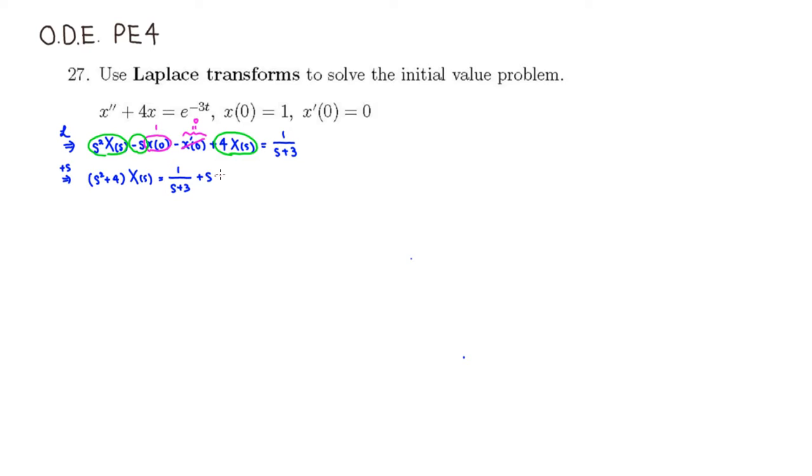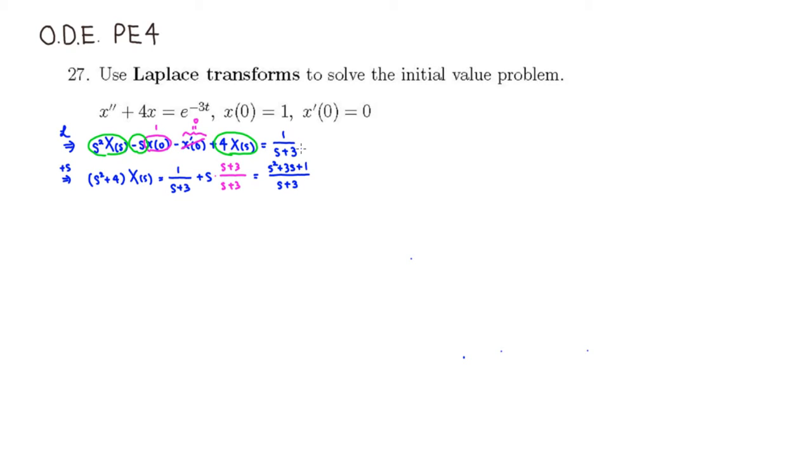So I'm going to multiply s top and bottom by s plus 3, that way we can combine them. So the common denominator would be s plus 3. And then you have s times s is s squared, and s times 3 is 3s, and then plus 1.